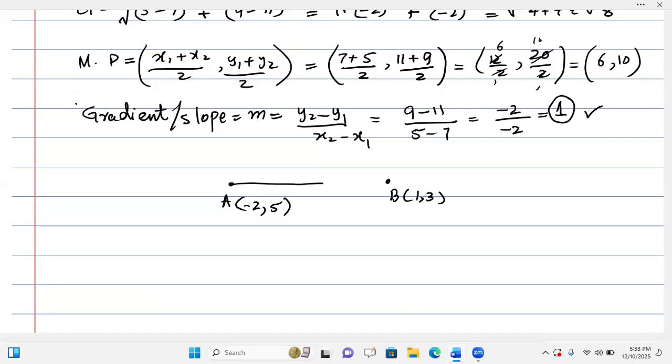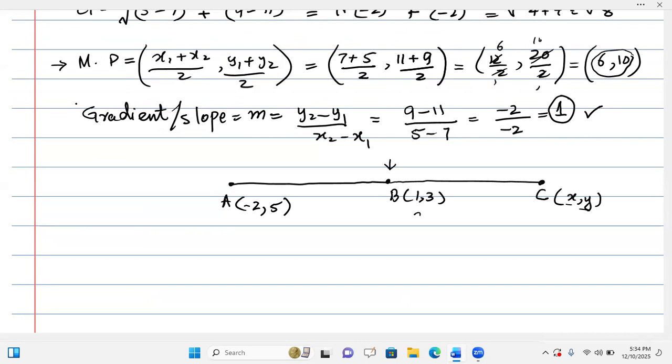First of all, I am joining both of them. Then he is saying B is the midpoint of the line segment AC. So C is here, and he is saying calculate the coordinates of this C. Let's suppose they are X and Y. If B is the midpoint, we will manipulate this formula, in which the midpoint is given, and this is x2 and y2 we want to calculate.